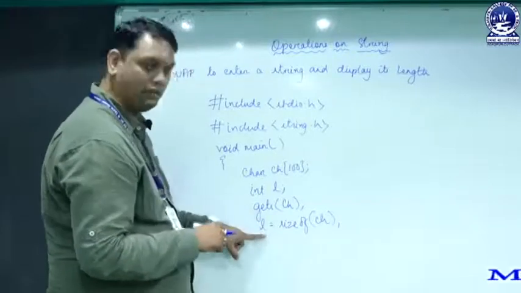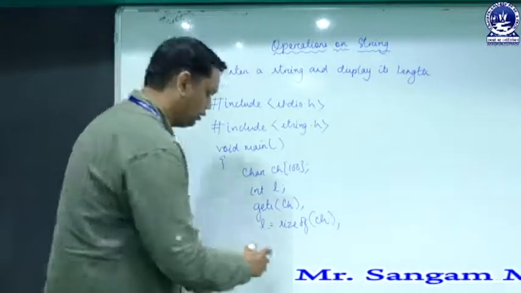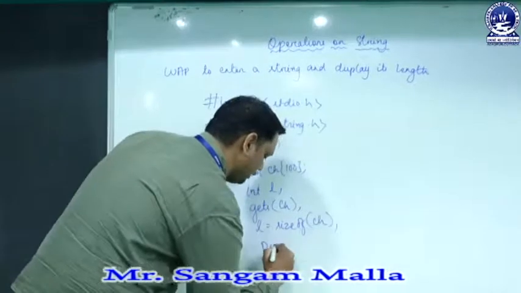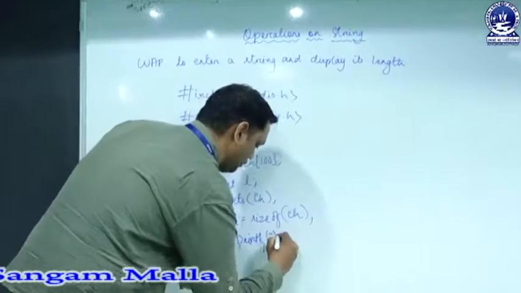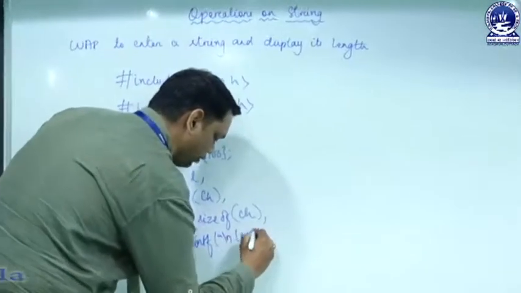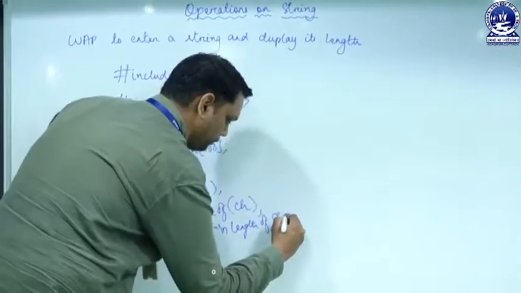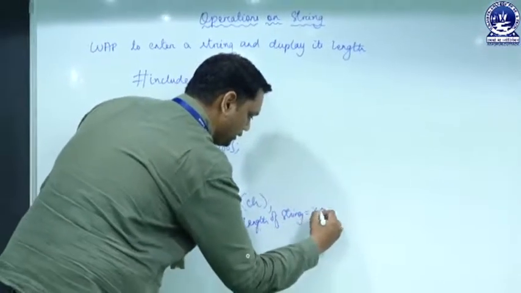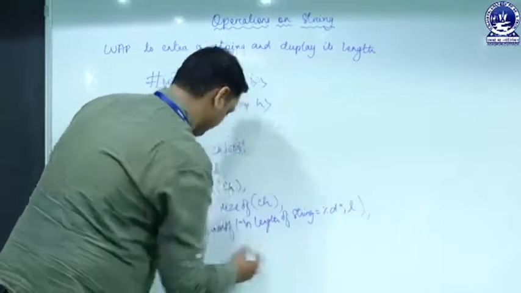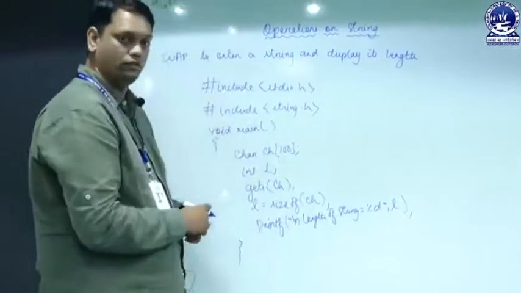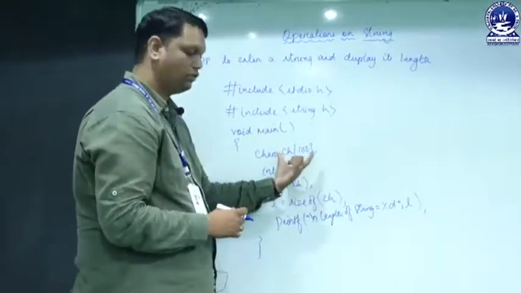Now I have to print the value of l. In order to print the value of l, I can take the help of the printf function. Let's say I will write length of string equal to %d, l. You can see that I have taken ch of 100.